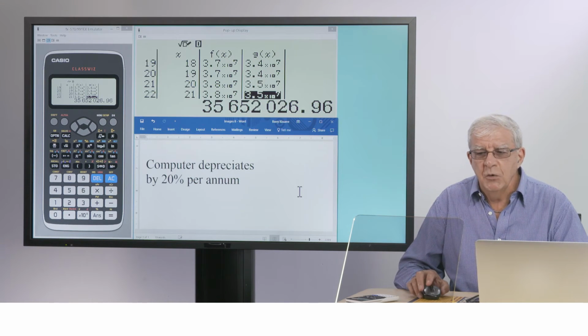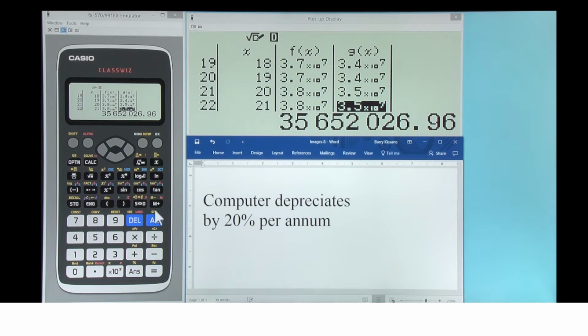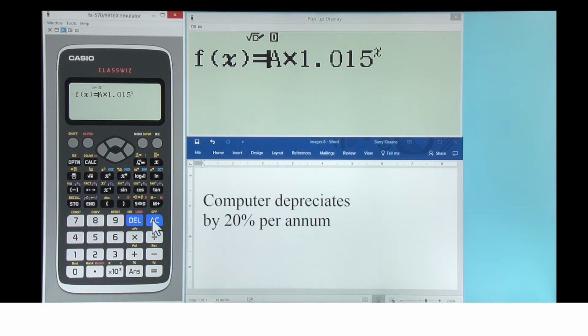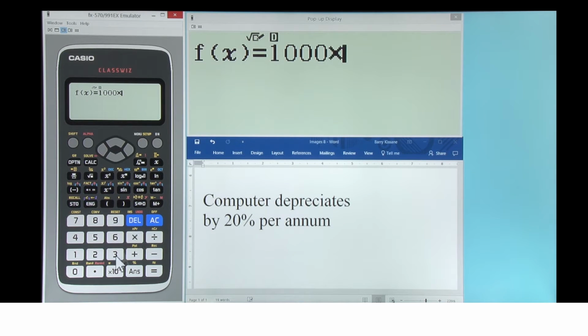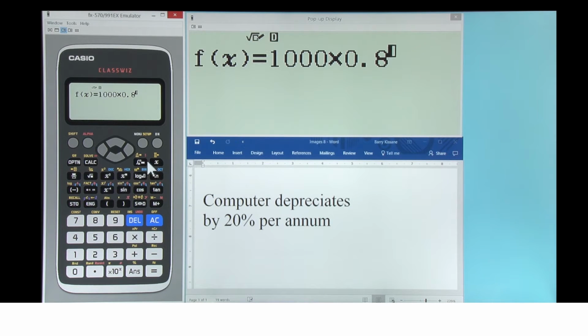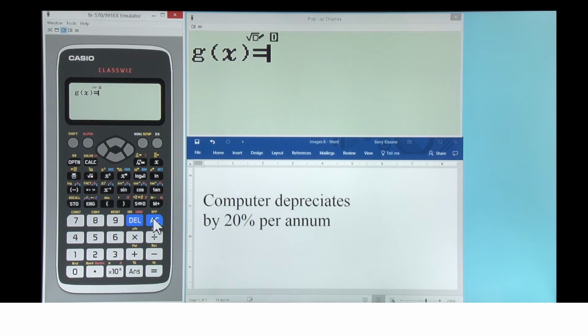So an exponential model for this situation is, let's start with 1,000, the original value, multiplied by 0.8 to the power of x. And we don't need this particular function.